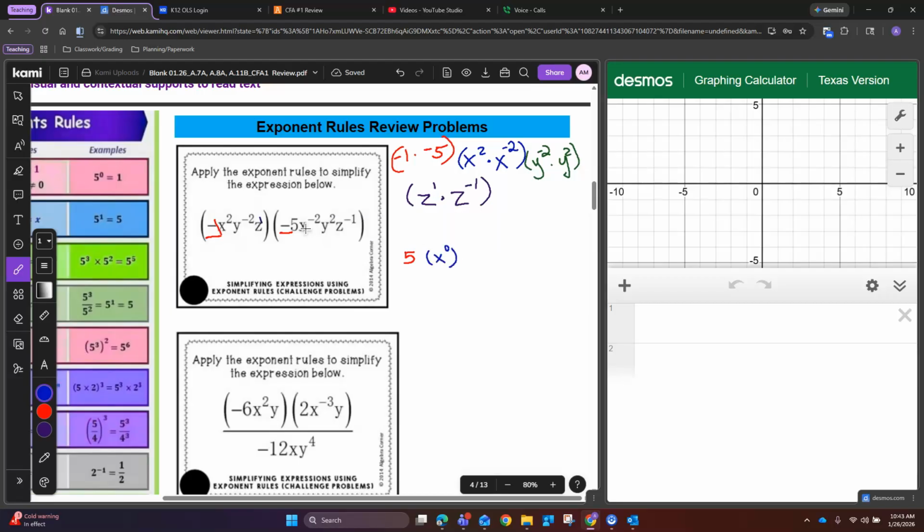Okay. Anything to the 0 power is 1. All right. So then we have the same thing with y. We have y to the 0. And we even have z to 0. So given that information, we have 5 times 1 times 1 times 1. And therefore, we have a final answer of 5.